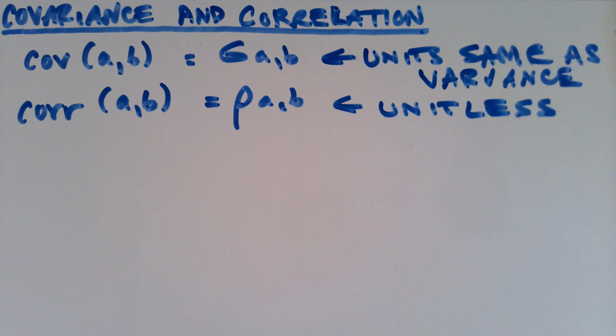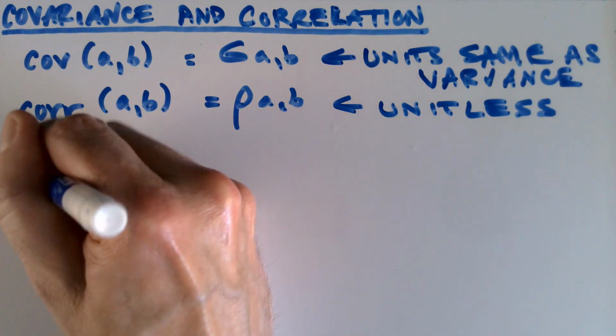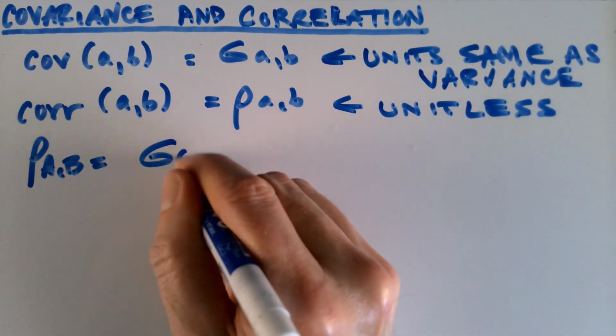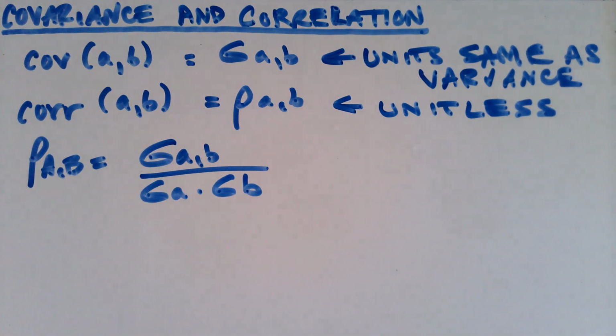Now let's talk about how these things are related to each other. I'm going to use the Greek letters. The correlation of A with B is equal to the covariance of A with B divided by the product of their standard deviations.